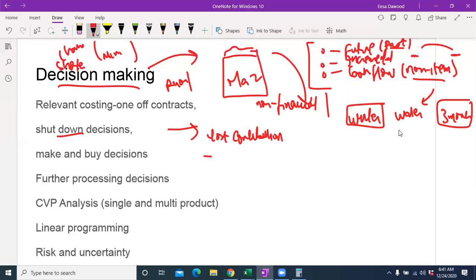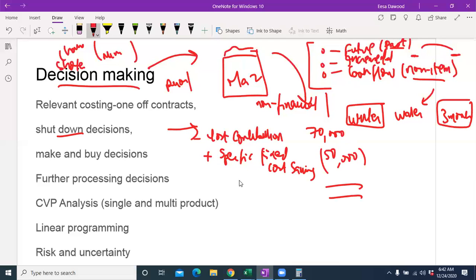Usual general fixed overheads won't be saved, but if there was a directly attributable fixed cost or a specific fixed cost, it would be saved. Okay, so this I consider a positive. If I'm going to shut down, there'll be some lost contribution. For example, the lost contribution was 70,000, but the saving in the fixed cost was only 50,000.